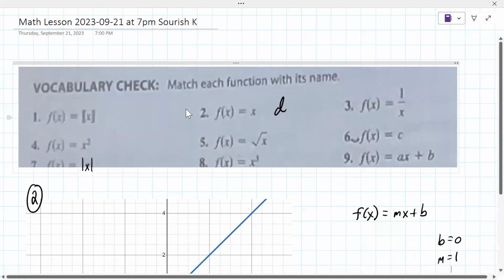Okay, so what is number 2? If number 2 is not a linear function, then what is it?